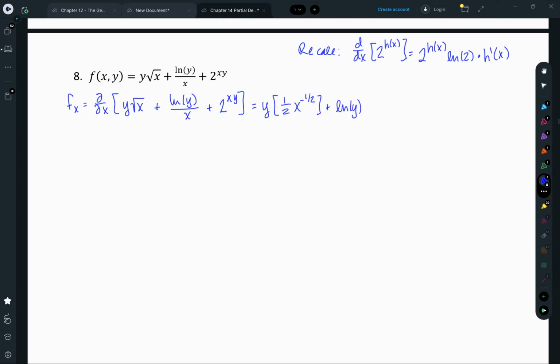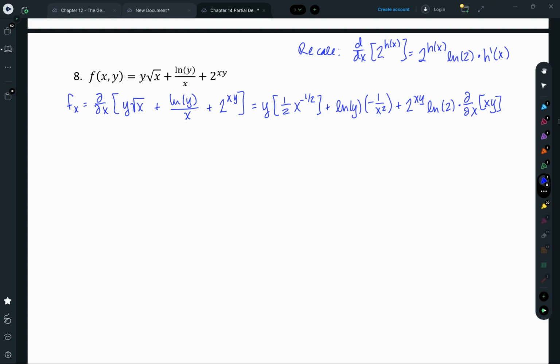So I have ln of y times the derivative of 1 over x, which will give me a negative 1 over x squared. And then plus the derivative of 2 to the xy, that's going to give me 2 to the xy times ln of 2 times del x of xy.